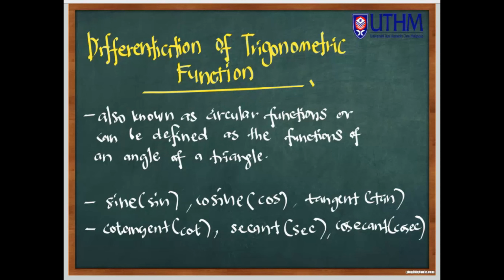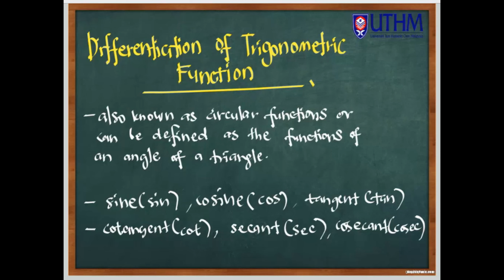Okay, in this video, we will learn about differentiation of trigonometric functions. Trigonometric functions, also known as circular functions, can be defined as functions of an angle of a triangle. As we know, we have the primary functions such as sine, cosine, and tangent.